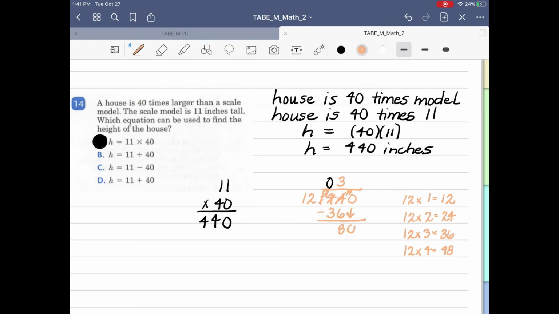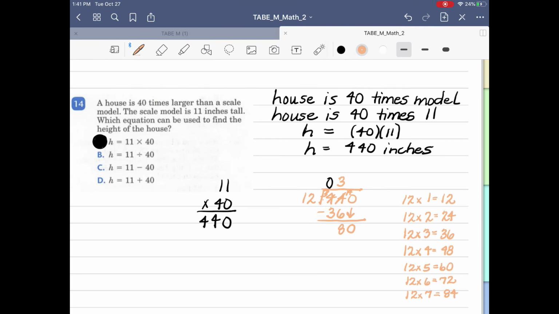Bring down a 0, and then 12 into 80. So 12 times 5 is 60. 12 times 6 is 72. 12 times 7 is too big. It's 84.